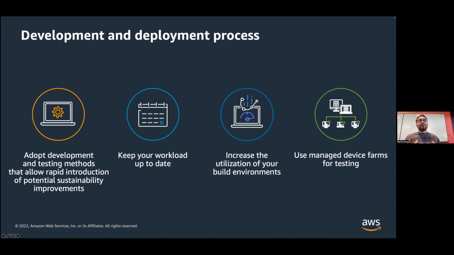If you're having multiple environments for A/B testing, blue-green testing or canary testing, whatever your testing methodology is, how can you increase the utilization of your environments? Optimizing your software build and deployment process should also make it safer and easier to introduce and validate improvements in your own software and the third-party libraries that you're going to use.